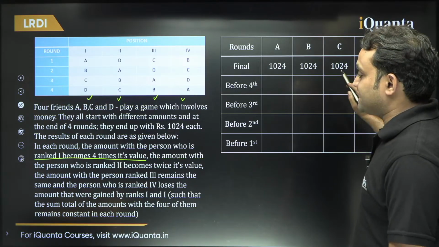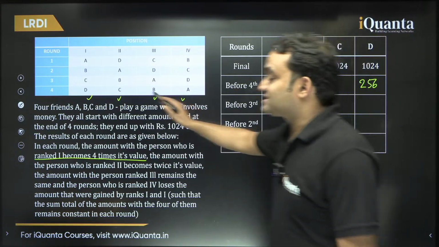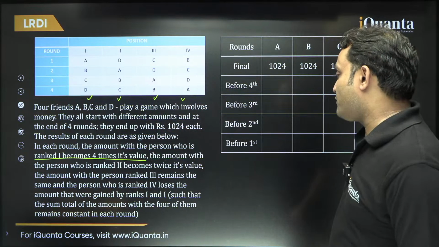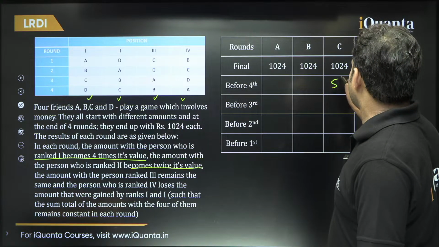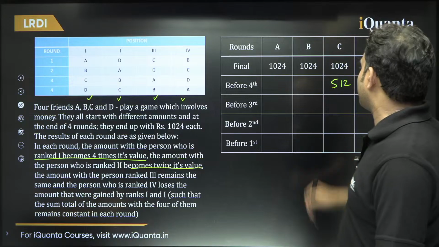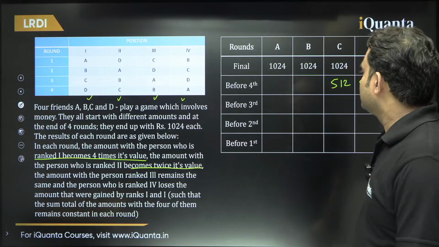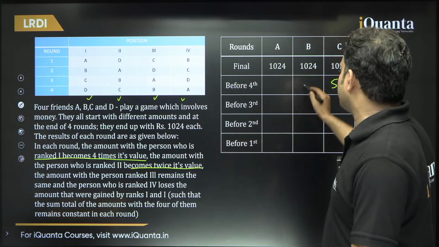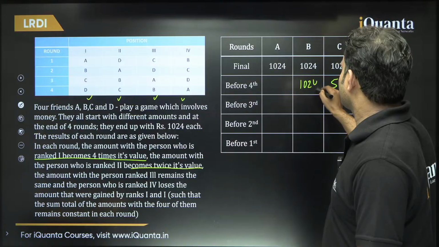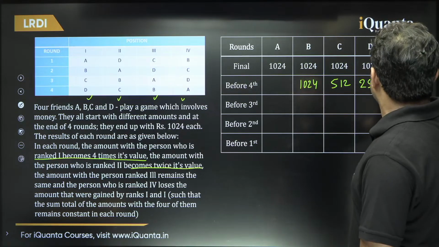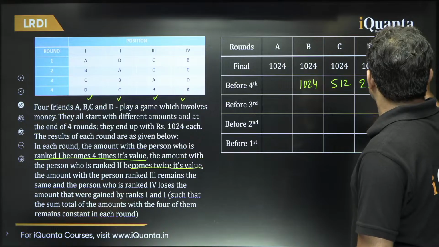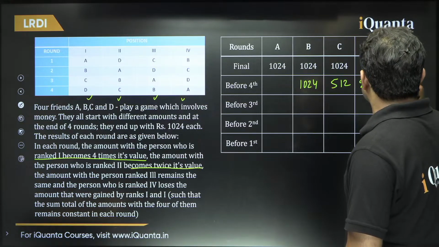In case of C, C was rank 2, so the amount becomes twice its value. So this must have been 512, twice of its value is 1024, right? In case of B, B was rank 3, it will remain the same. In case of A, we need to add all the values. If this is 4096, this should also be 4096, right?